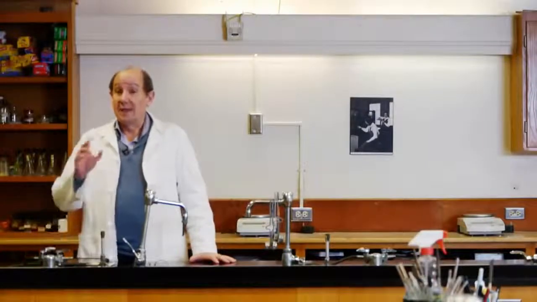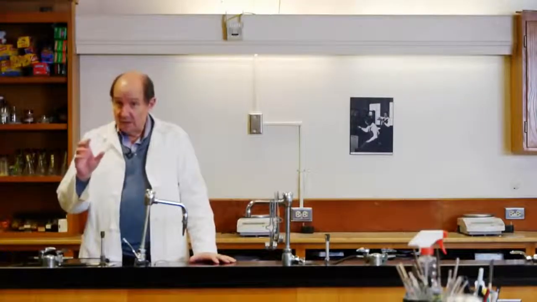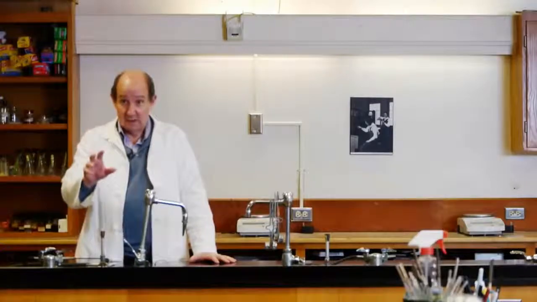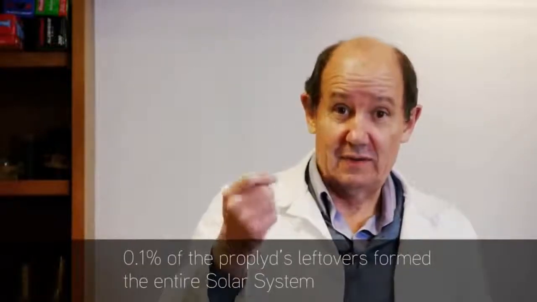Now, as the proplid that eventually formed our solar system began to collapse, at its center it got hotter and hotter and hotter until eventually fusion began and our sun was born. About 99% of all the material in the proplid went into the sun. 99.9% in fact. That leaves 0.1% for the rest of the solar system.